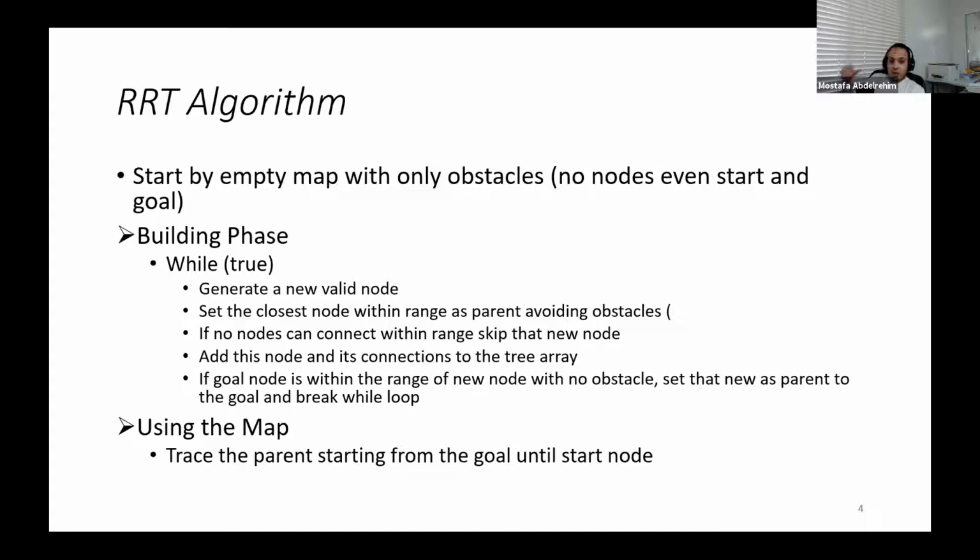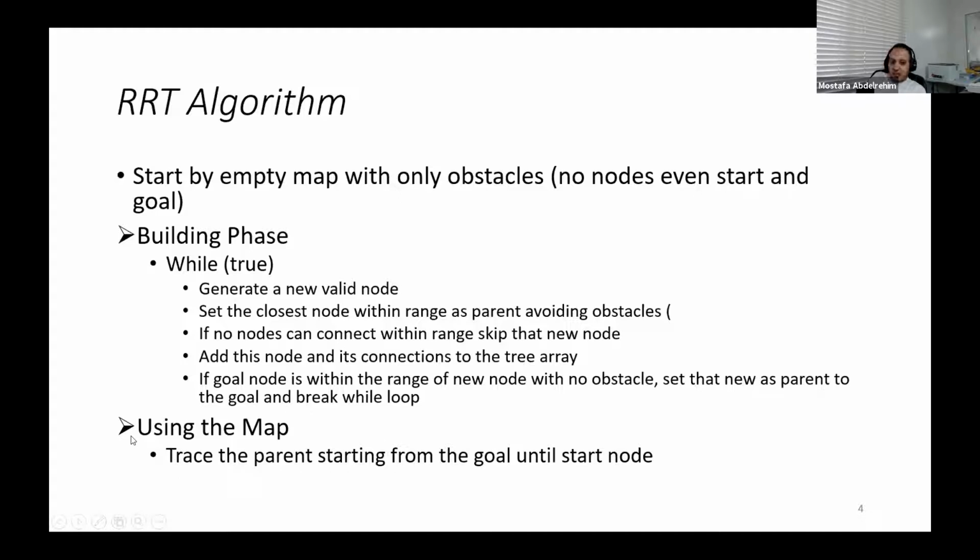In PRM, we set some maximum number of nodes and we run, because we are building a map, whatever the goal and the start node locations. But here we loop until we find the goal. This may happen after maybe two iterations, that's very fine. Or it may happen with 100 nodes or 1000 nodes, based on the goal location, the map itself, and many other parameters.